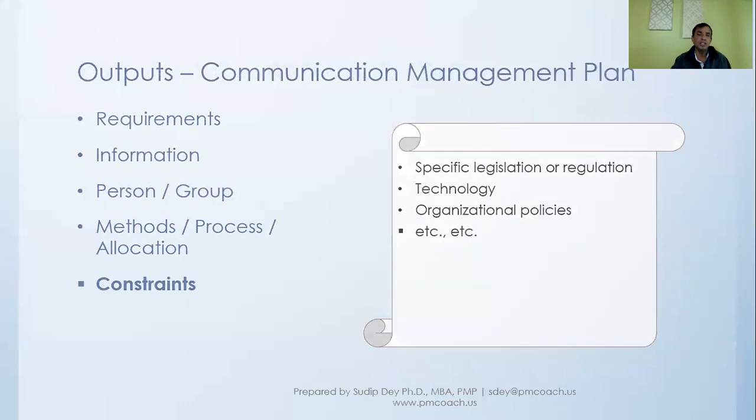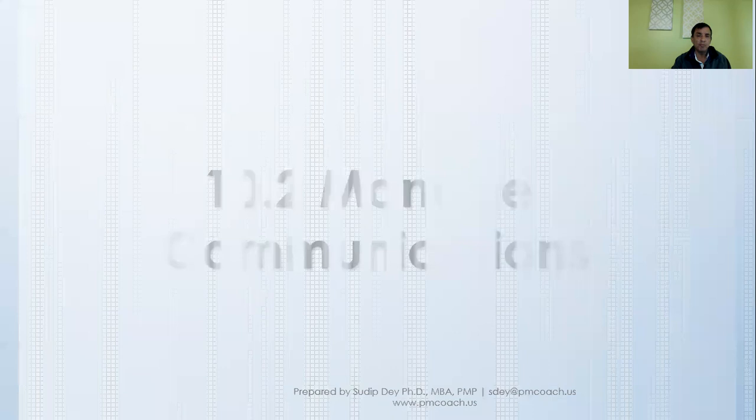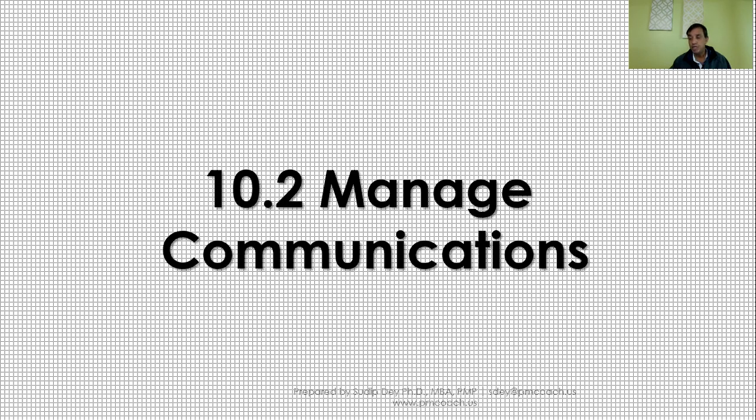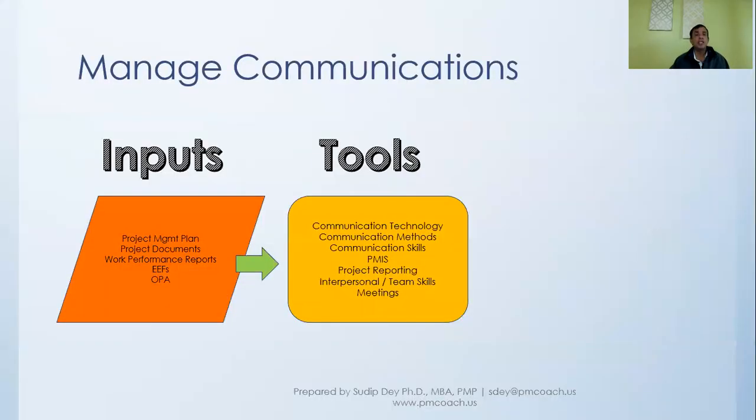So the next process that we'll be talking about is manage communication. Now, manage communication, what we'll do in manage communication is really about taking the plan and implementing it in a way that the information is provided to our stakeholders in the right way at the right time.